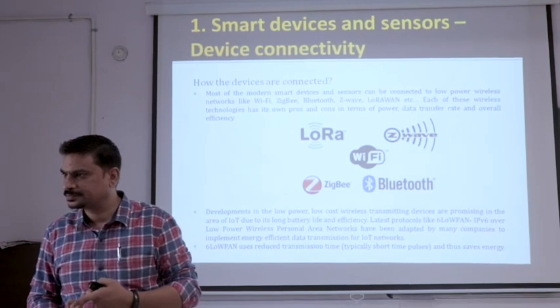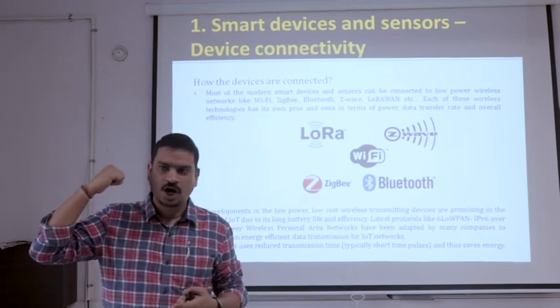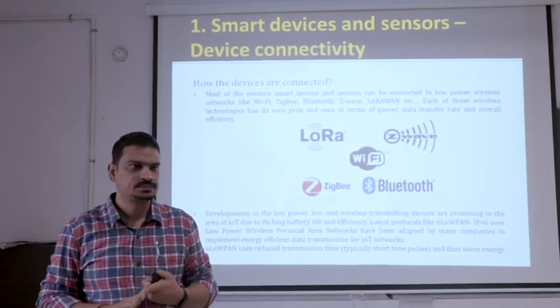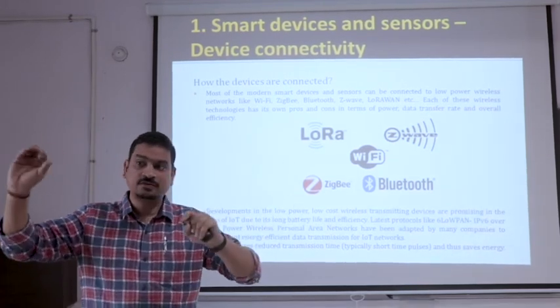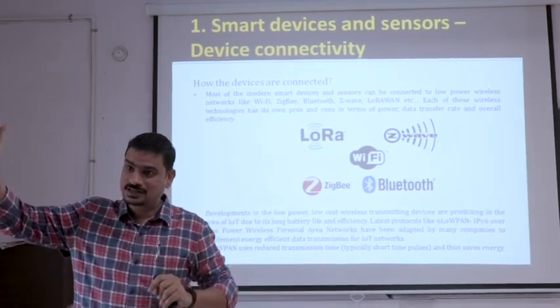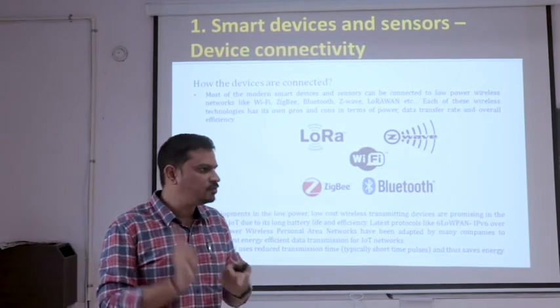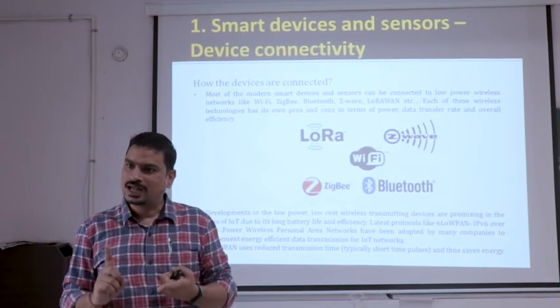Could you tell me? 2 to the power of 32. How much is 2 to the power of 32? Some billions of devices have been given unique addresses. Why we need unique addresses is, if we are on the internet, we should have unique addresses. Right?